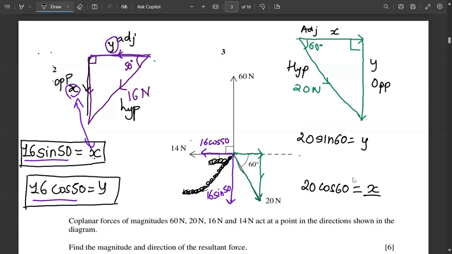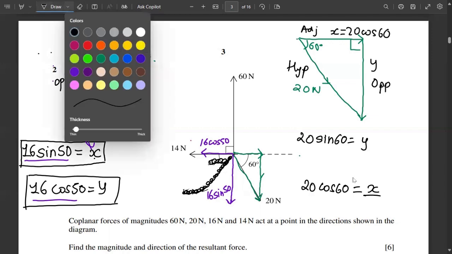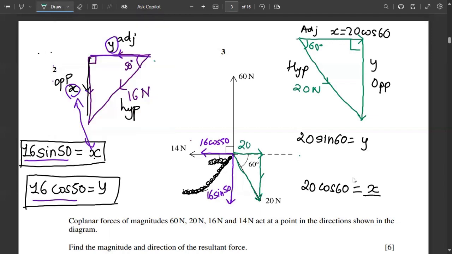So X is 20 cos 60 and that is acting to the right, and the force acting downwards, Y, will be 20 sine 60.